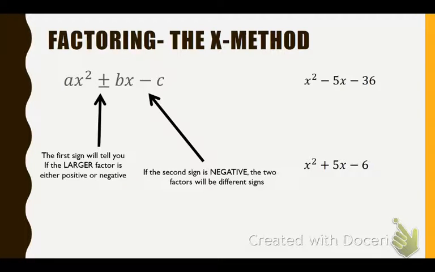So in these examples, our second sign is negative. And the first sign will tell us what the larger factors should be. Alright, so second sign, if it's negative, then the two factors will be different, a positive and a negative, because a positive times a negative will get our C term to be negative.